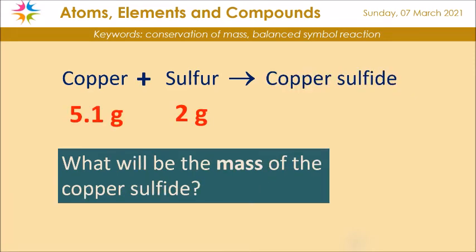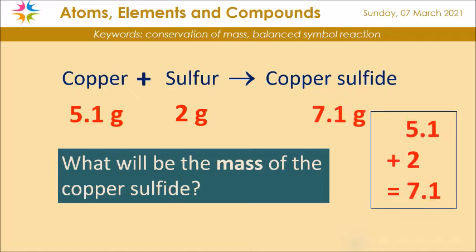And in this reaction, we start with 5.1 grams of copper and 2 grams of sulfur. The question is, what will be the mass of the copper sulfide? Because the mass of reactants is the same as the mass of products, we know that we have to add these two together. 5.1 plus 2 is 7.1 grams. There's the little sum.